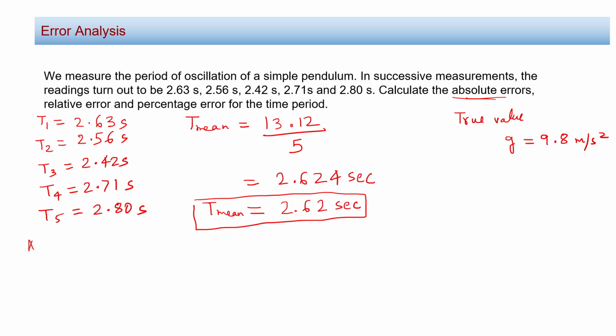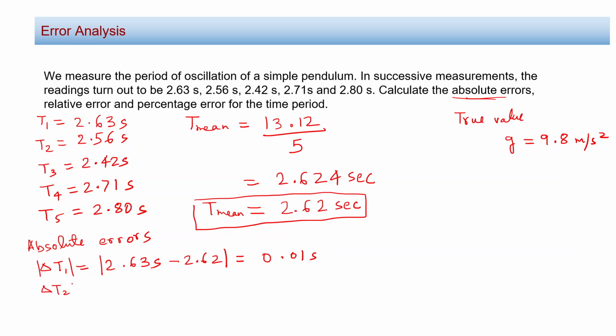So the absolute error calculation will be: delta t1 is 2.63 seconds, because I told you we take mod, so the negative sign will always be positive. It will be 2.63 minus 2.62, that will give 0.01 second as the absolute error for this.